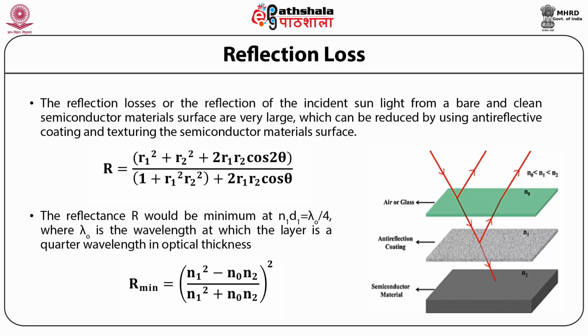The above expression describes that the reflectance will be 0 when n1 is equal to root of n0 n2 at d1 equal to lambda naught by 4 n1. Hence, there will be only one wavelength for which this situation will be satisfied, while in practice the reflectance needs to be decreased for a broad band of wavelengths.